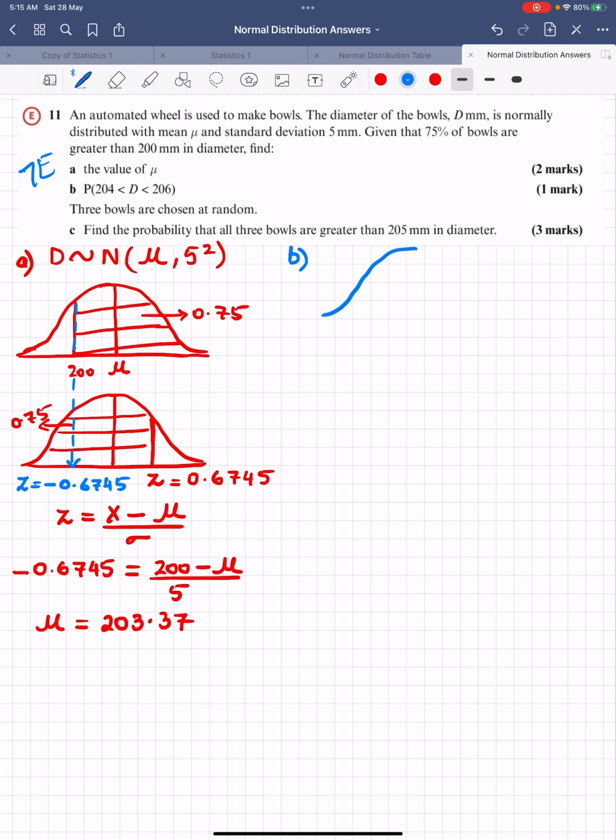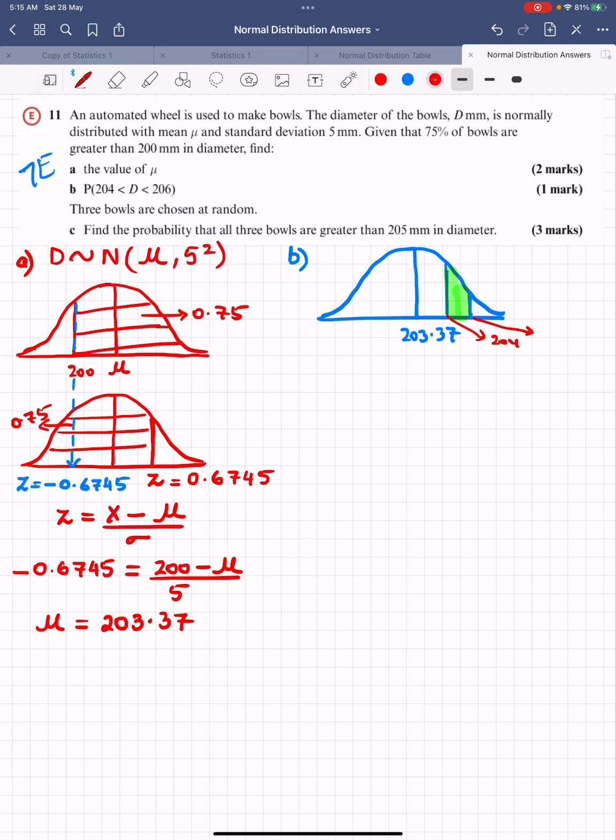Since we know the mean already, 203.37, and the two limits are 204 and 206, we need the probability in between.